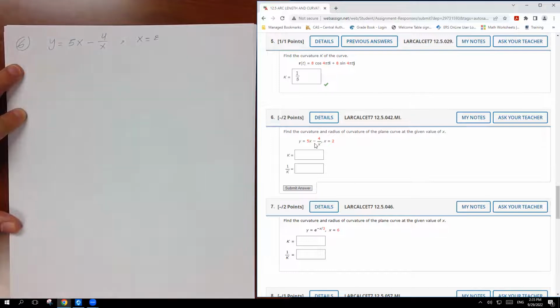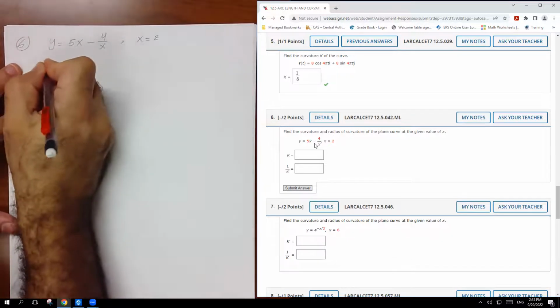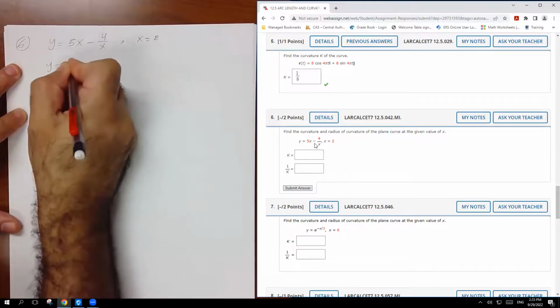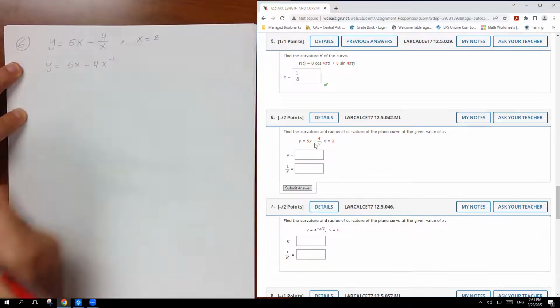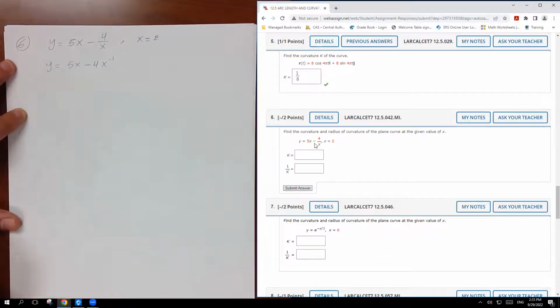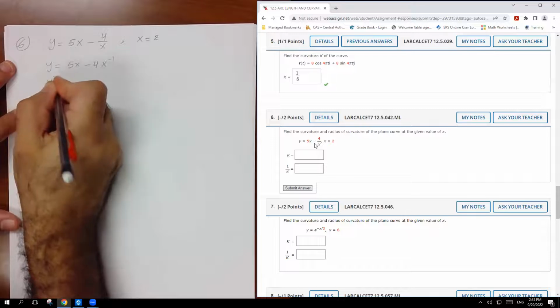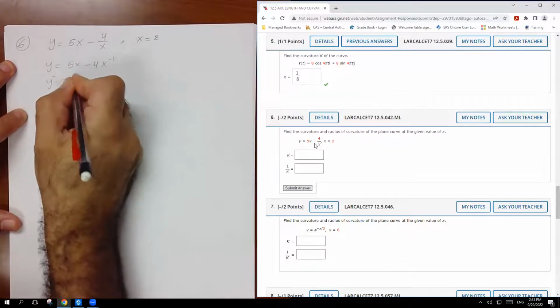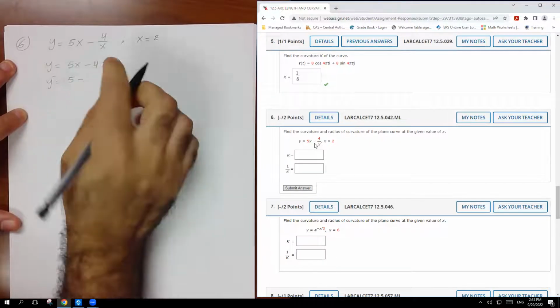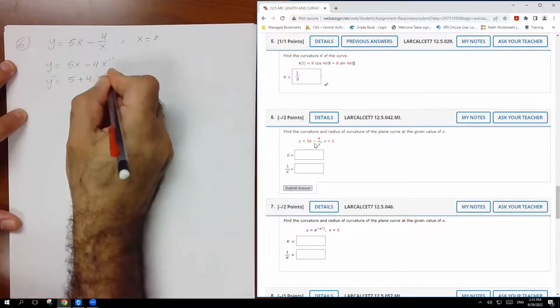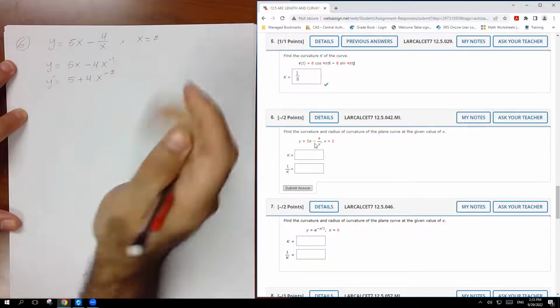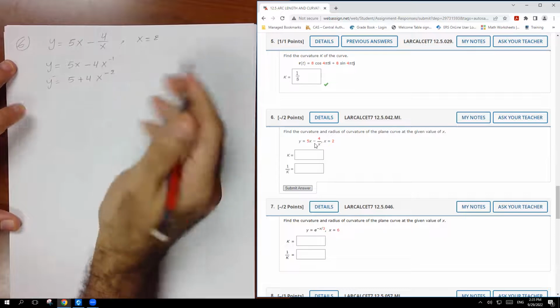So the first thing, I'm going to write down y equals 5x minus 4x to the negative 1, because it's easier to find the derivative. So y prime is going to be 5 plus 4x to the negative 2. I'm just finding the derivative for this one.